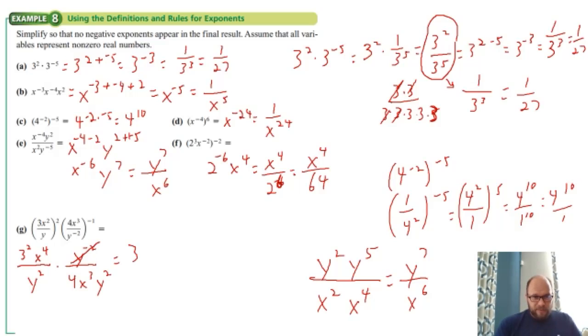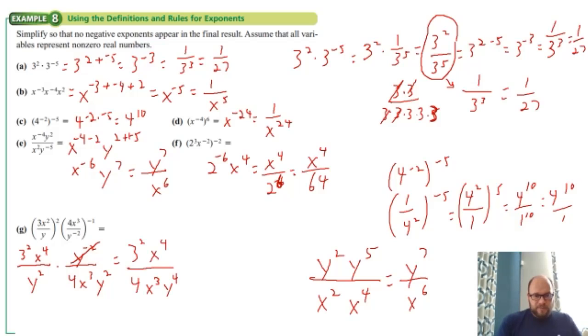Across the top, I have 3 squared x to the 4th. On the bottom, I got 2 y's that are the same, so when I multiply those, I'm adding the exponents. I'll have 4 x to the 3rd, y to the 4th. Now, I have the x's I can go ahead and subtract.